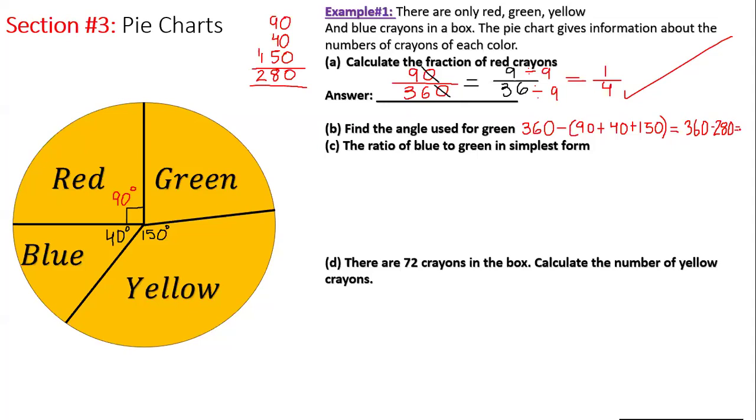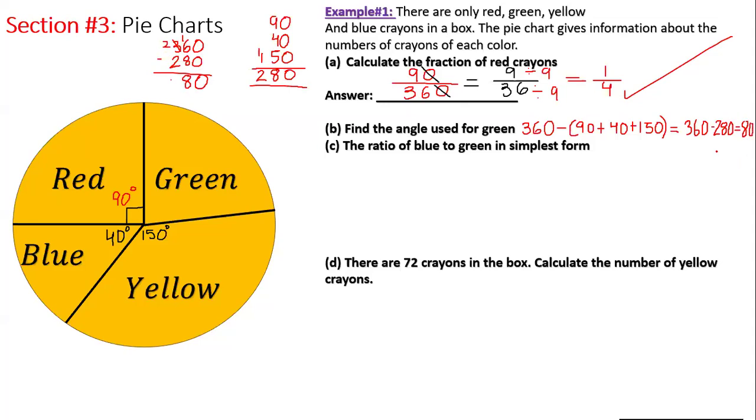So 360 minus 280. 0 minus 0 is 0. 6 minus 8 is what? You can't take 8 from 6, so you borrow from the 3, and it becomes a 2, and then it becomes 16. Very good. 16 minus 8 is 8. 2 minus 2 is 0. So it's going to be what? 80. Very good. 80.